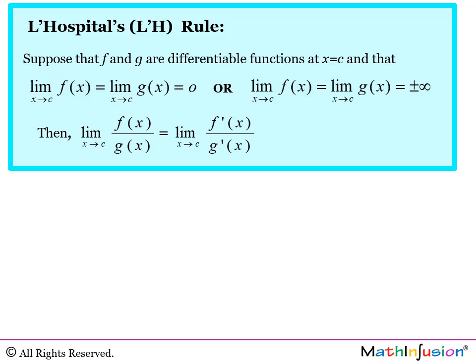L'Hopital's rule. Suppose that f and g are differentiable functions at x equals c, and the limit of f(x) and the limit of g(x) when x approaches c equals 0, or that both limits of f and g when x approaches c equal plus or minus infinity.